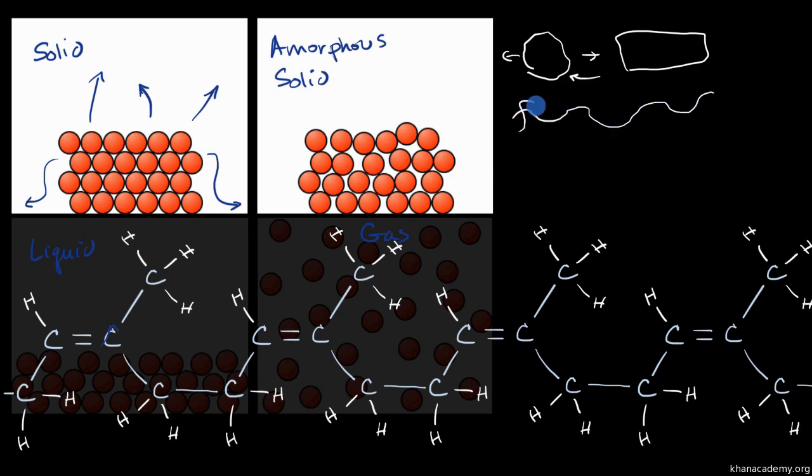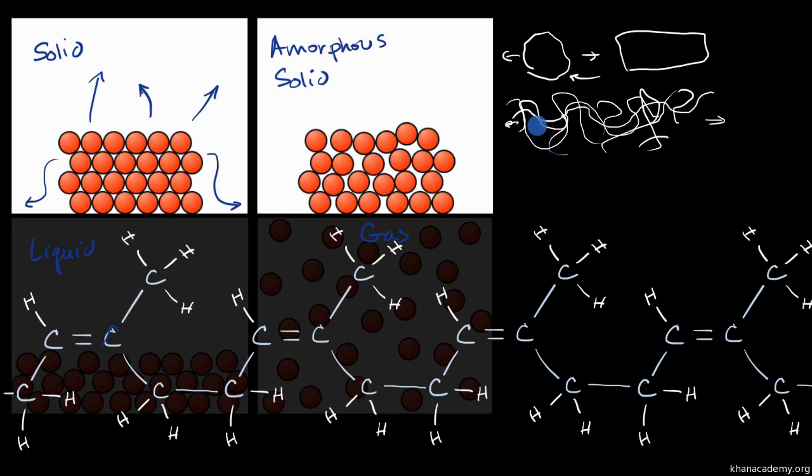And then in natural rubber, they all get tangled up with each other. And so they're forming this amorphous solid. It doesn't look exactly like this particulate model we just saw. It's more, just imagine a bunch of strings that are all tangled up. And so if you were to pull on them, they are able to stretch, but then you let go, they get back to close to where they were before.